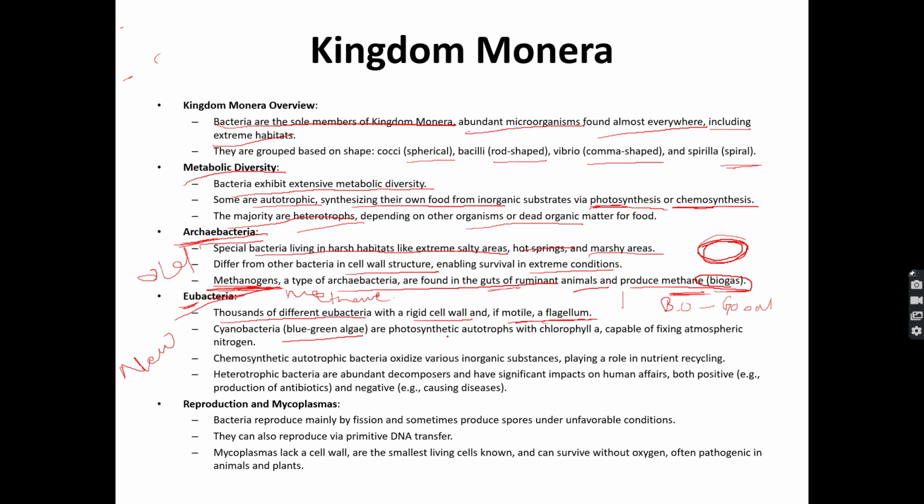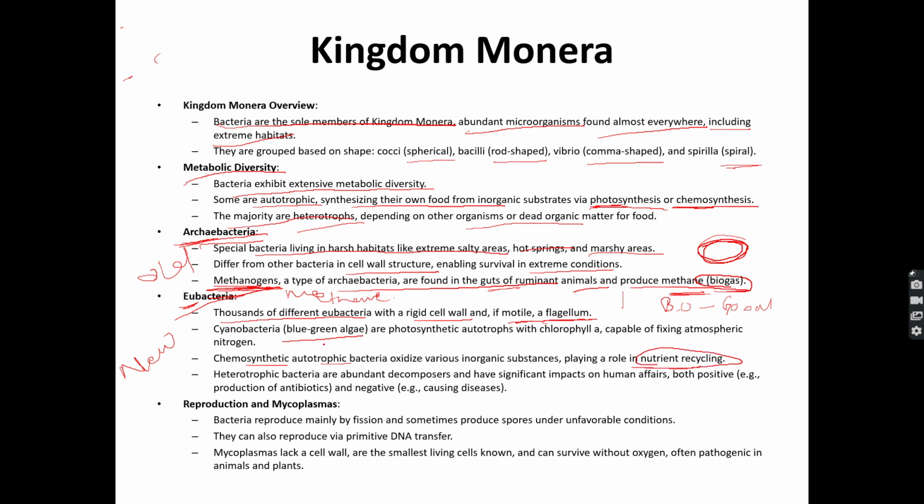Cyanobacteria, that is blue green algae, are photosynthetic autotrophs with chlorophyll A, and are capable of fixing atmospheric nitrogen also. Then there are chemosynthetic autotrophic bacteria. They oxidize various inorganic substances, playing a role in nutrient recycling. This is very important.